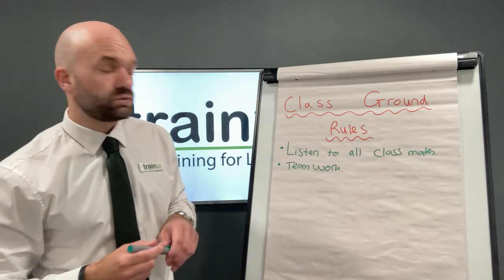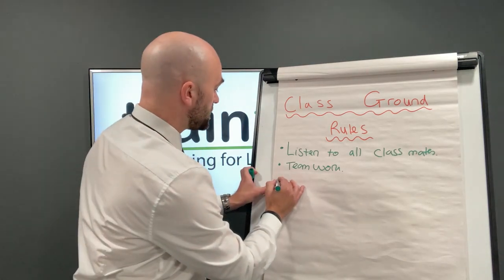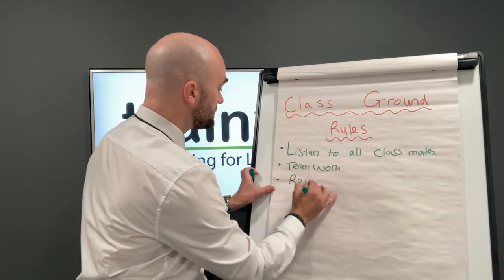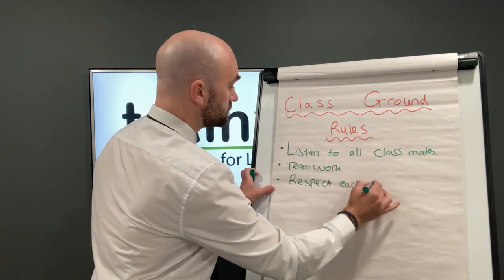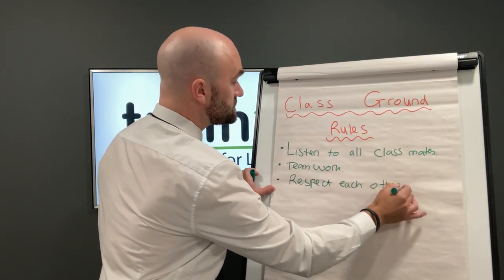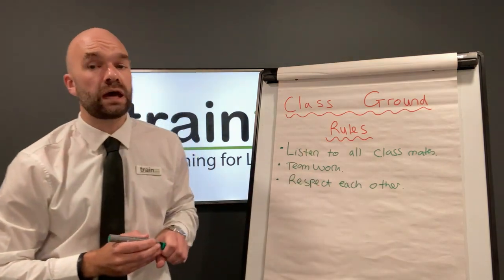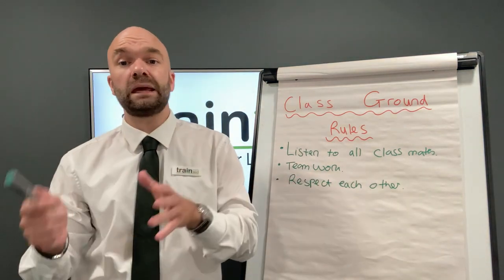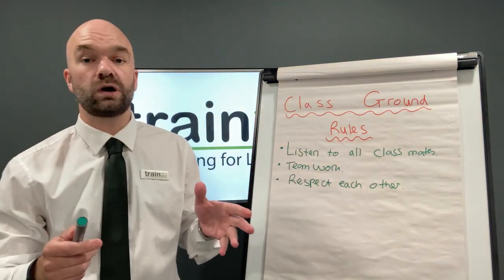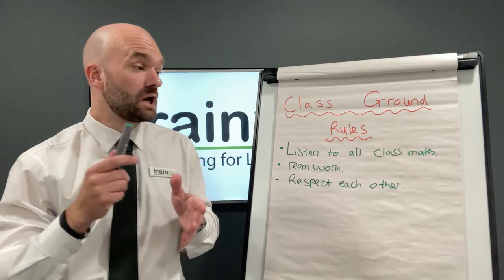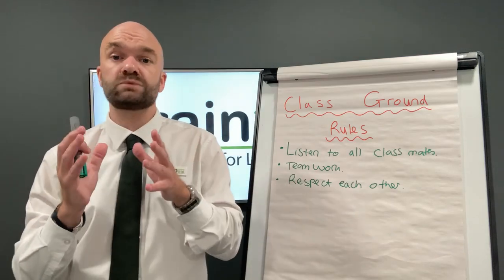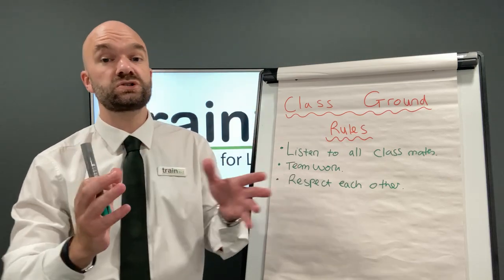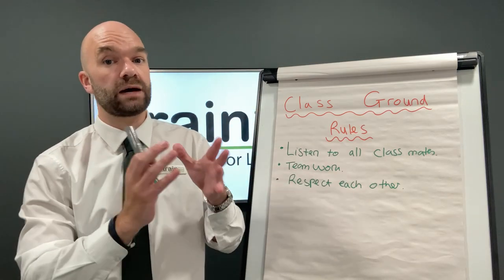Some further rules, just going back, is to respect each other. Okay, we might have different opinions within the classroom. Learners have different likes, dislikes, they have different opinions, and that's absolutely fine. It causes discussions, healthy debates, that's absolutely fine.